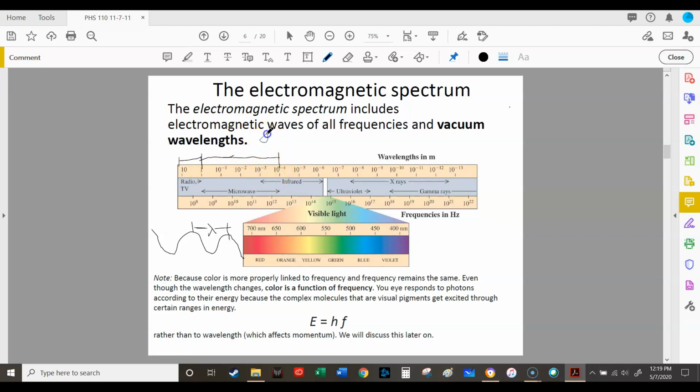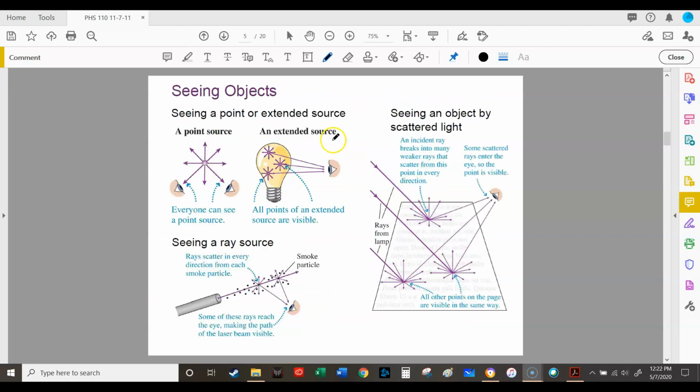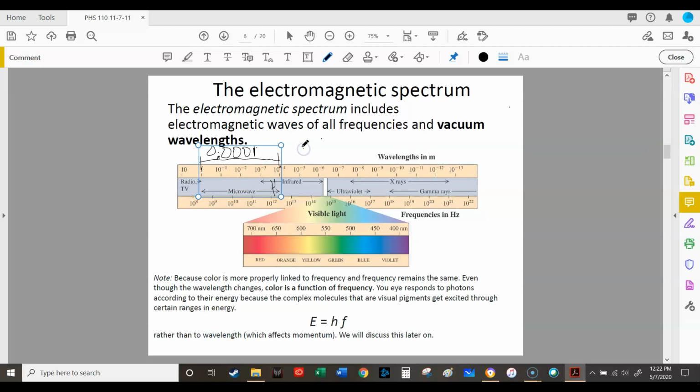And just to let you know what that is, I'll write that here. So to let you know what 10 to the negative fourth is, this is 0.001 meters.